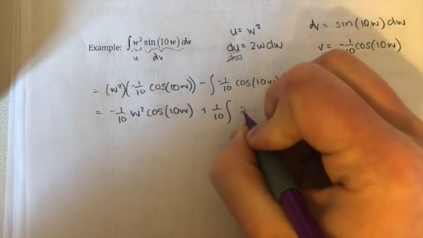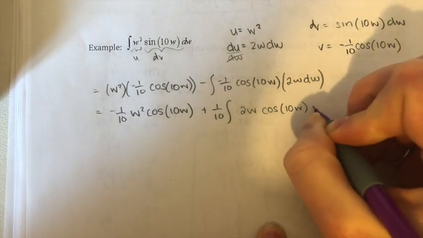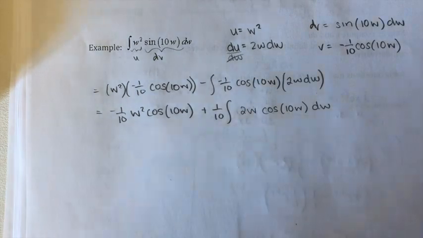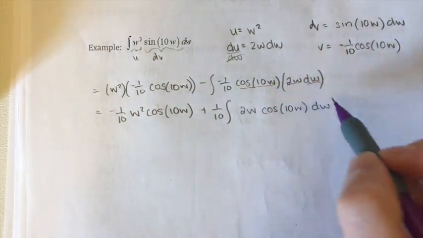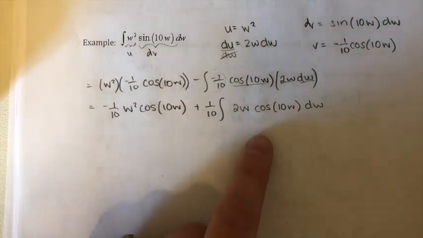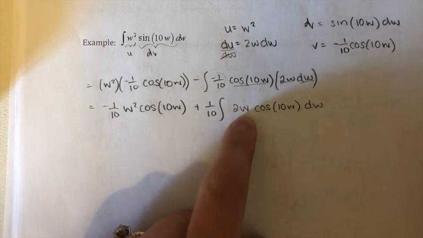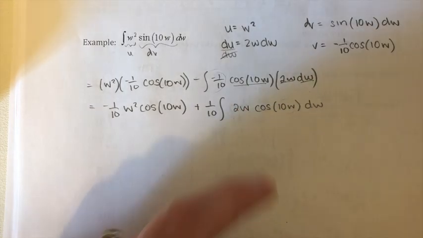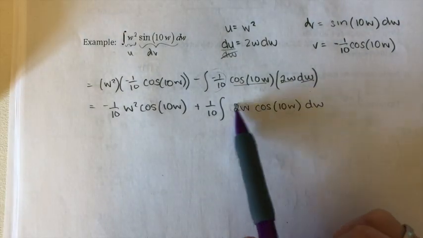So let's go 2w cos of 10w and then dw. Okay, so all the same things. We've got the 2w, we've got the cos of 10w, we've got the dw, and then this is pulled out in front. Okay, so this is easier. We don't have a w squared anymore, but if I think about it through substitution and chain rule, there wouldn't be a w there.